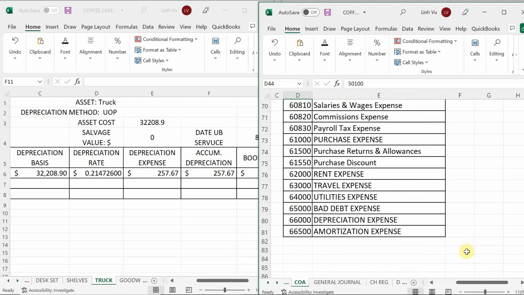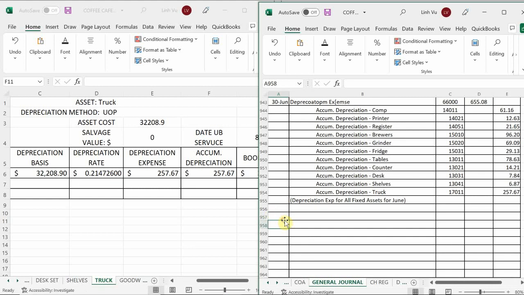So in this case, amortization expense is $66,500. We're just going to finish this off so we can close out our depreciation table. So amortization expense, okay, for $66,500.